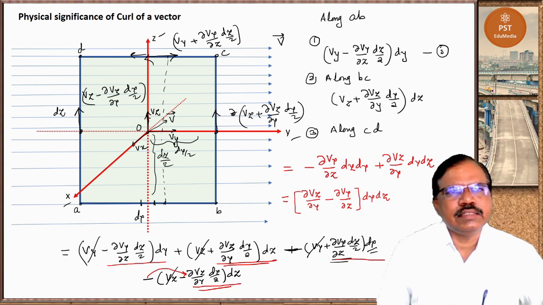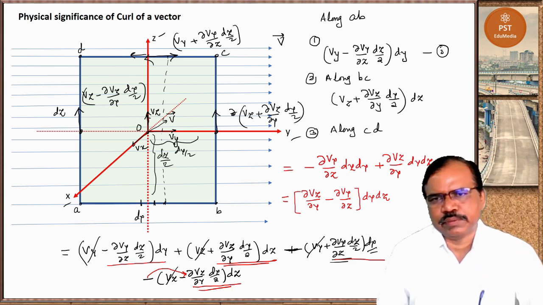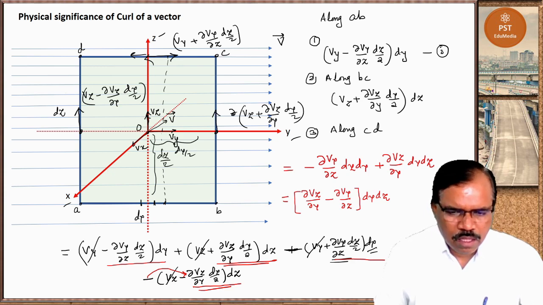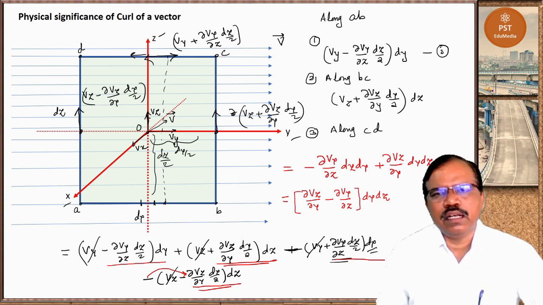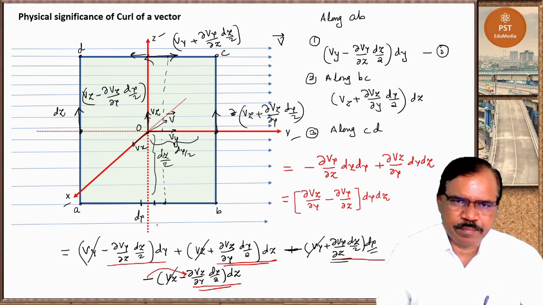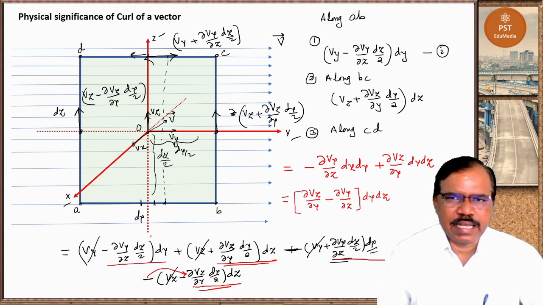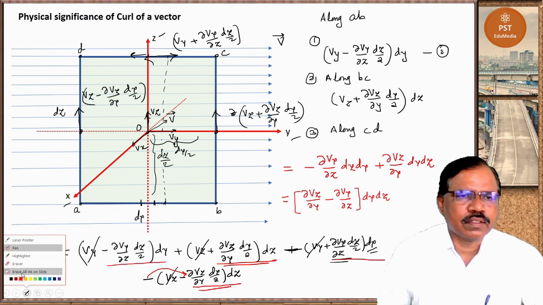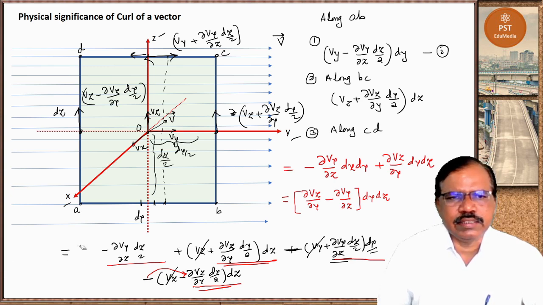Where dy dz is the area of this closed path. So this is the total circulation along the closed path ABCD, and curl is the maximum line integral per unit area. So here we have to take per unit area, which means dividing by dy dz.